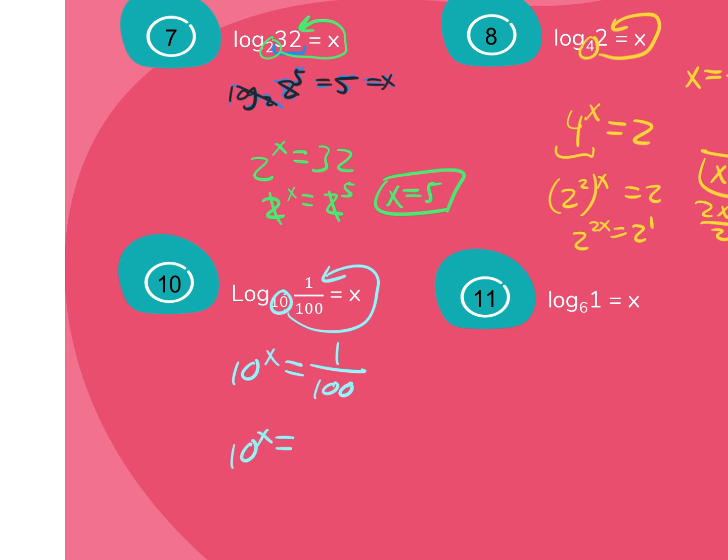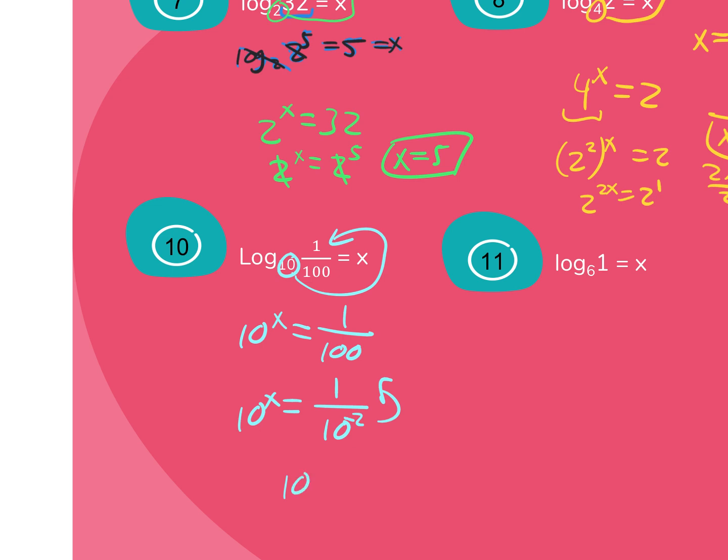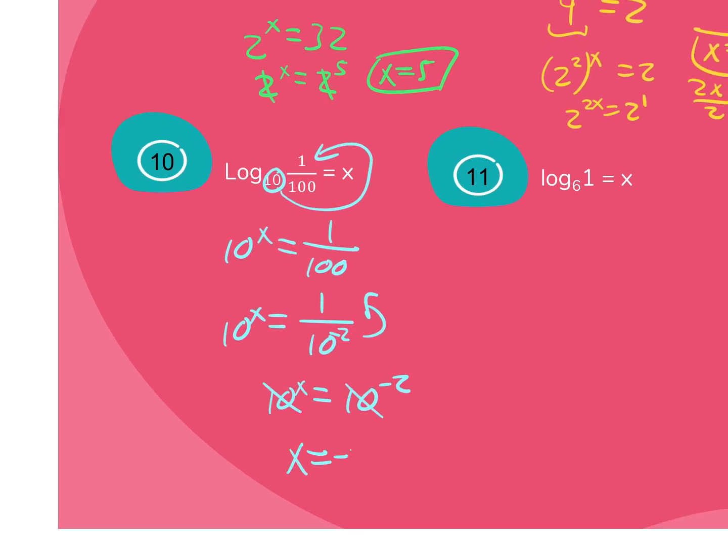So you get 10^x is 1 over 10 squared. And then you can bring this to the numerator by changing the sign of your exponent. So we get 10 to the x is going to equal 10 to the negative 2. And then all you have to do is cancel out your 10s, and then you get x equals negative 2.